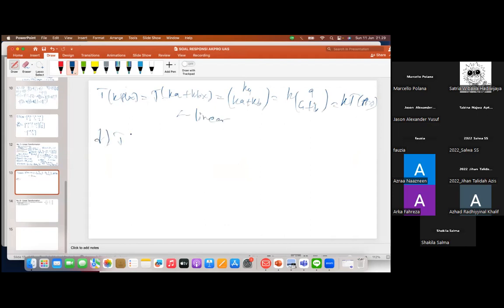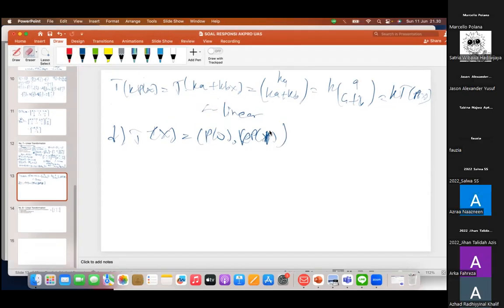Now for D, T inverse, we have T of Px equals (P0, P1), right? Therefore, the inverse, T inverse of (P0, P1), equals Px.